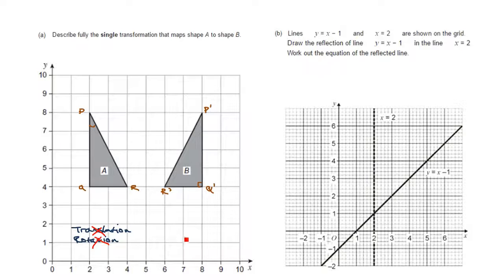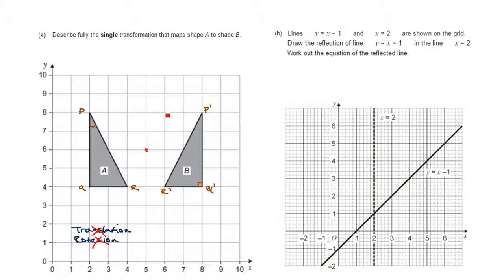So good. What I've done is I've ruled out two of the four basic transformations. So I'm left with enlargement or reflection. Now, I think we can see clearly that it's a reflection, but it's worth just thinking about enlargement. Could we get the same result with enlargement? Well, no, because the centre of enlargement would be here. And so Q, once it's gone through the centre of enlargement, Q prime would be where P prime is, and P would be where Q prime is, and R, well, that would enlarge to this point here.